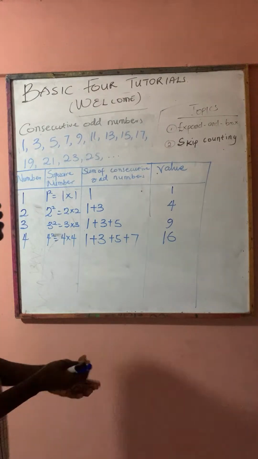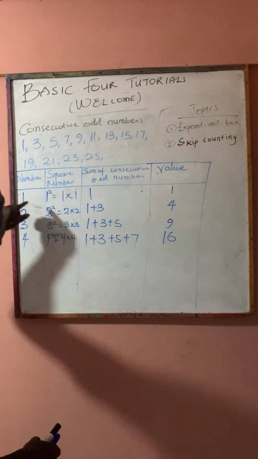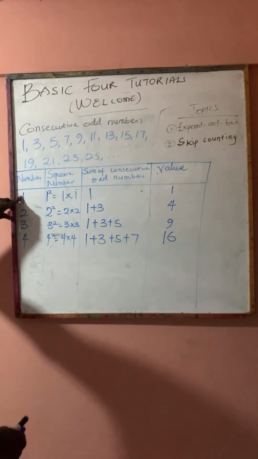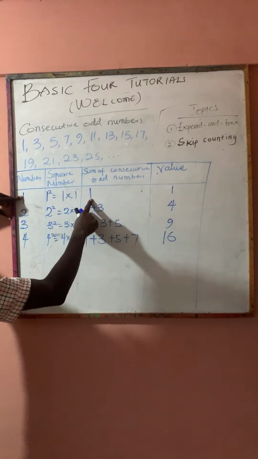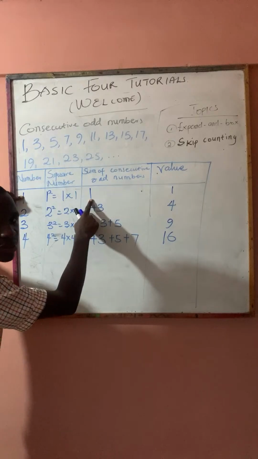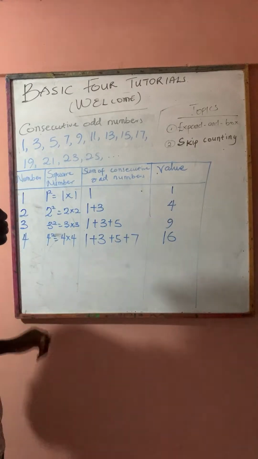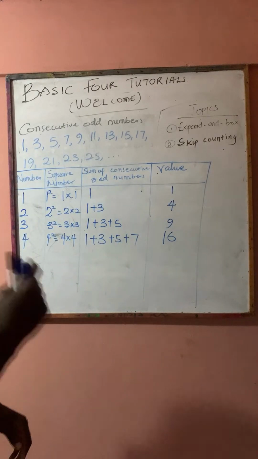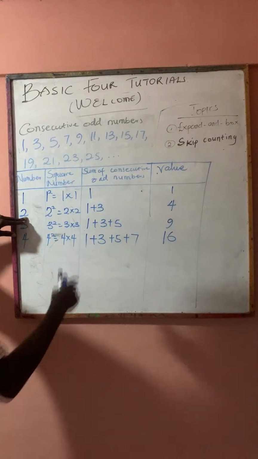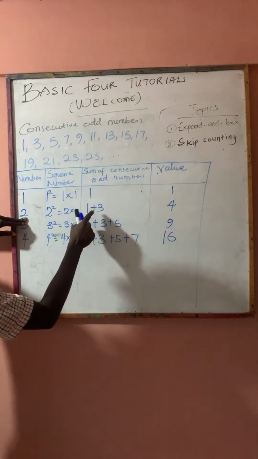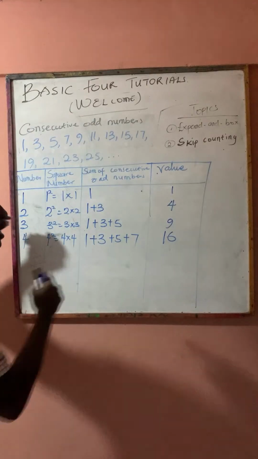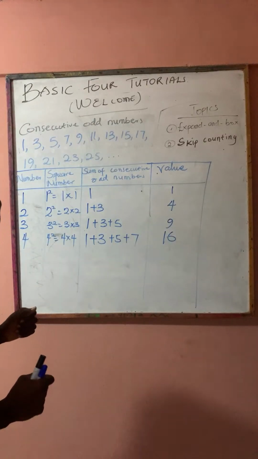When we were squaring 1, we used only one odd number, which is 1, and the value was 1. When we were squaring 2, we used the first two odd numbers, 1 and 3. That gave us the value of 4.